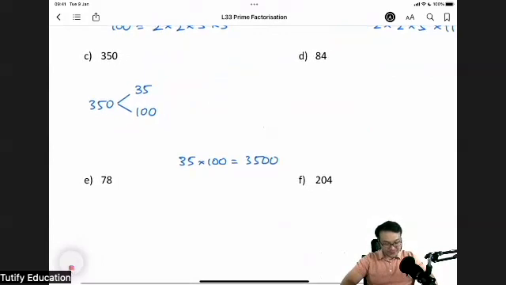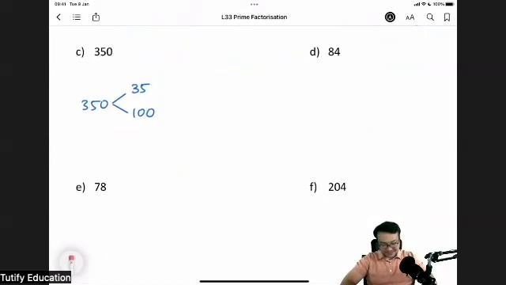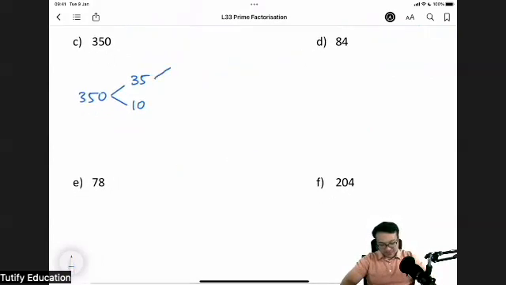Oops, too many zeros. So what should you do? 35 times 10. Very good. Okay, then 35 is what times what? 7 times 5. Very good. Then how about 10? 2 and 5. Yes, so we circle all the prime numbers, okay?